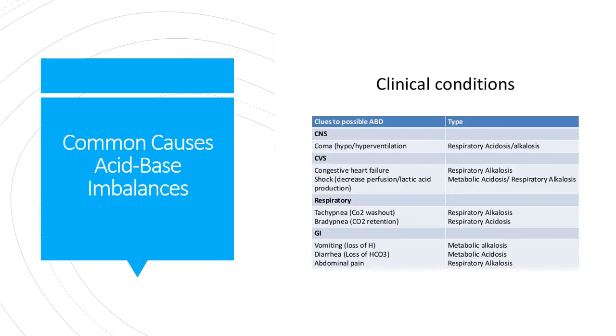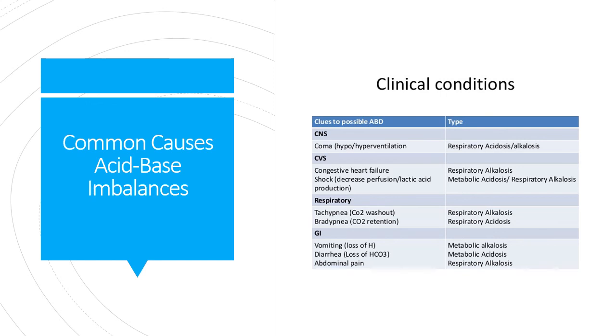Keep in mind that for a mixed acid-base imbalance, there's probably more than one thing going on. So some clinical conditions that can be additive are a central nervous condition, such as coma, hypo or hyperventilation. This can contribute to respiratory acidosis or alkalosis, combined with a central venous system problem.